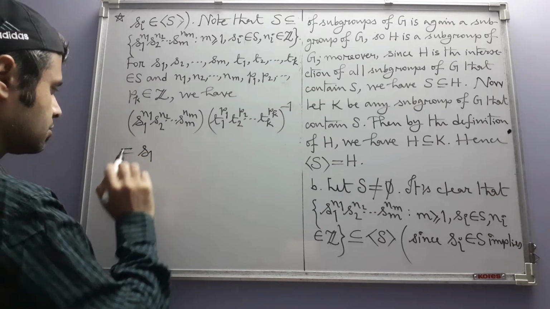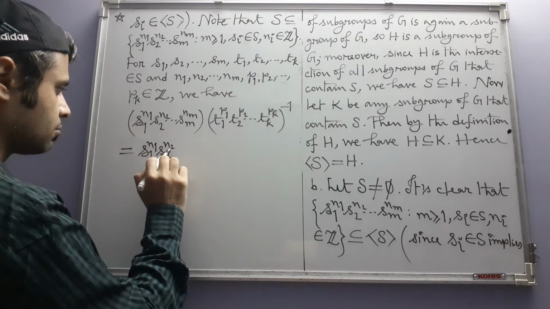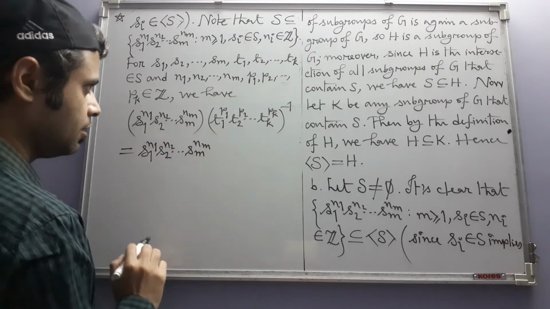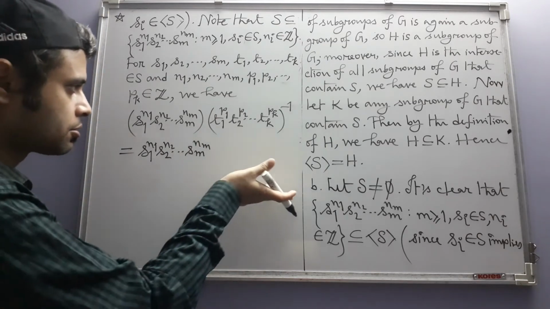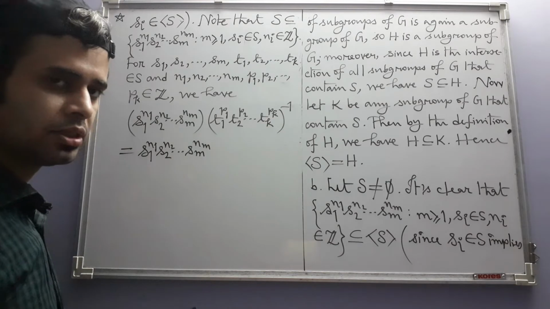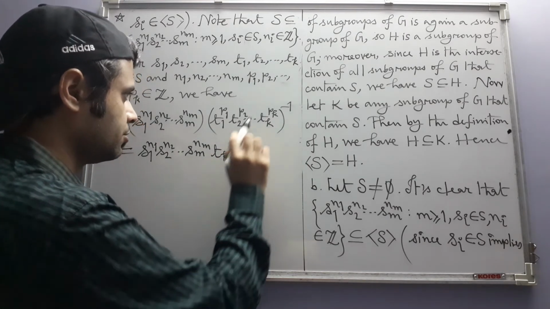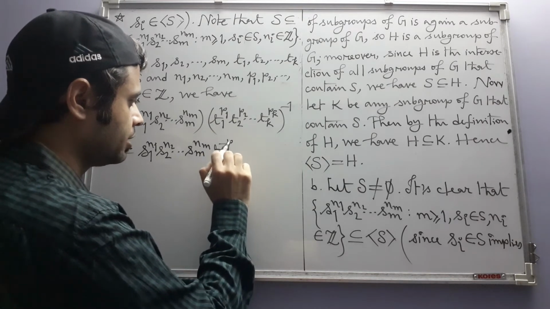So this becomes equal to S_M^{N_M}... Now since we are taking the inverse, the entire order will be reversed. Also, using the laws of exponents, this will be equal to minus pk.